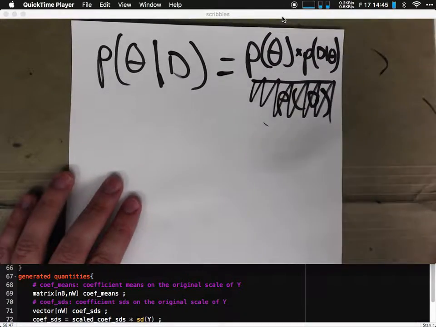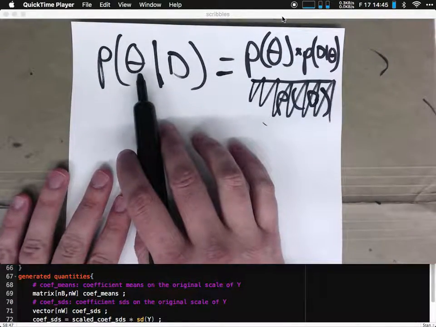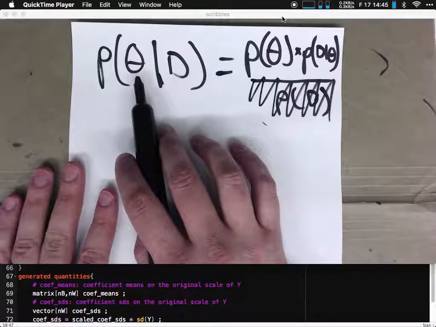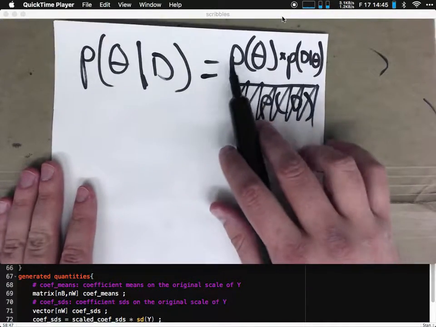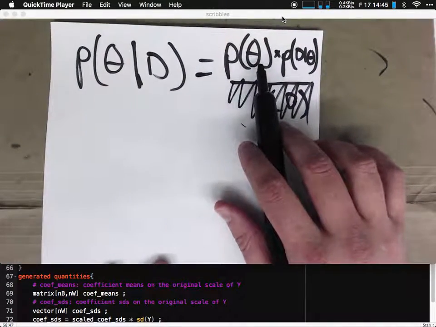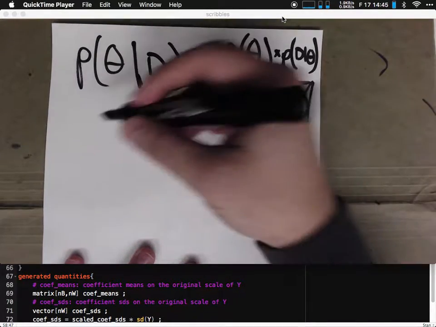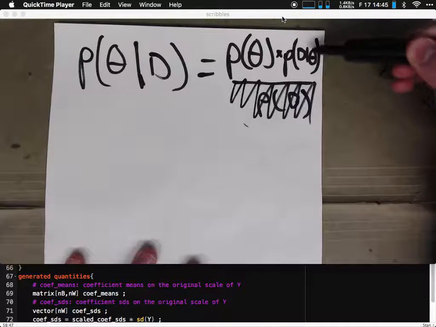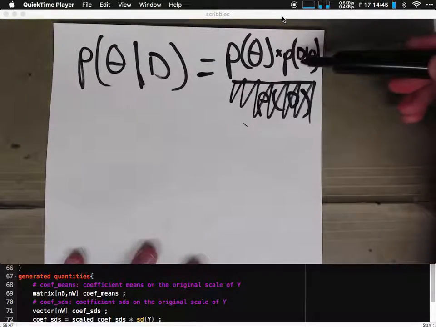So we've got this formula where the probability of a given value for the parameter, or a given point in the parameter space, given the data, is equal to the probability of that point in the parameter space times this thing over here. Now this thing over here, the probability of the data given that point in the parameter space, another name for that is the likelihood.